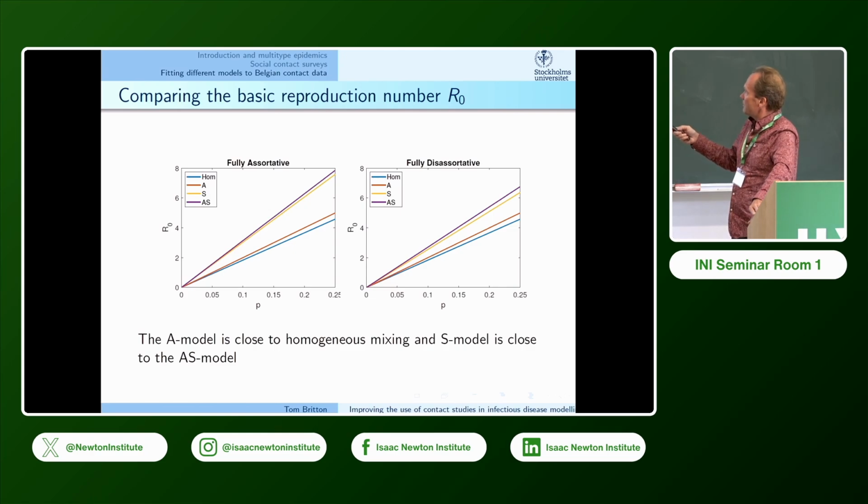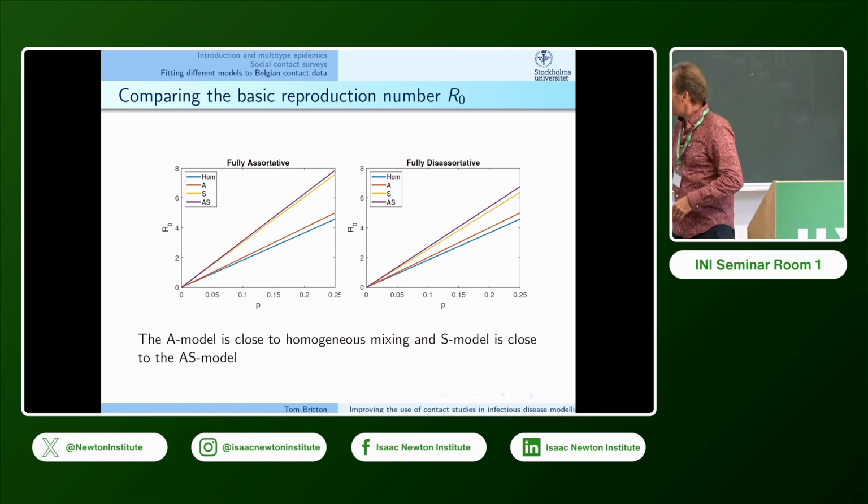So here is the result, and the result is that the homogeneous model and the A model, admitting age differences, are very similar. The big difference here is when you admit social differences in social activity, and adding age doesn't add much more. So the main conclusion is that the age does change a little bit.